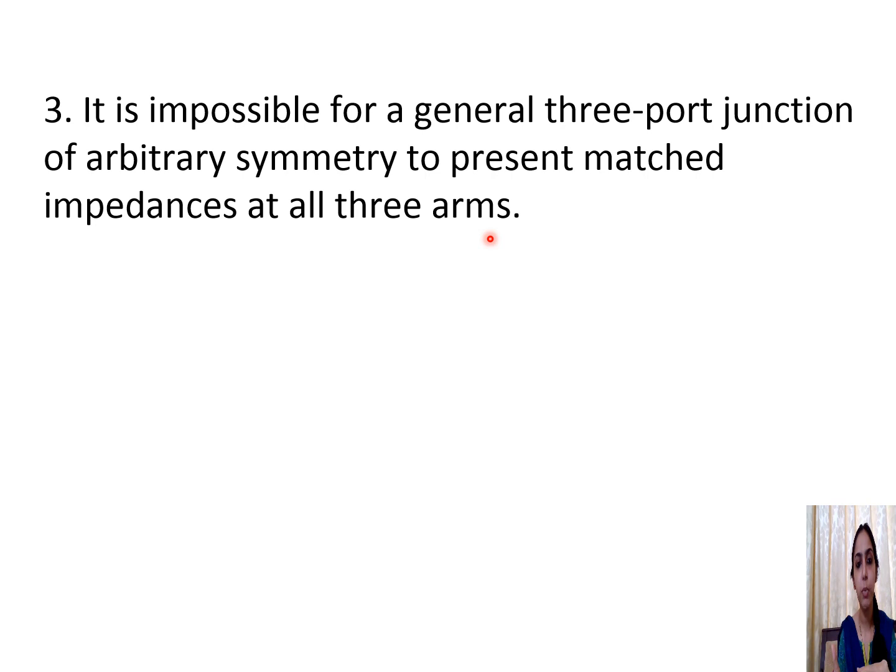Then there will be no reflection between the arms which have matched impedance, but it is impossible to have matched impedance at all 3 ports. So that is the third point. Remember all these 3 points for understanding the examples of T junctions further.